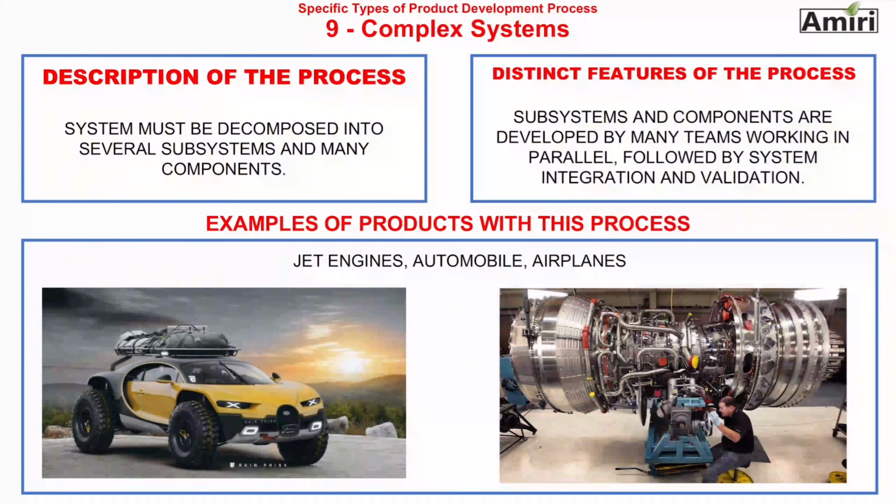A good example of this would be a complex system like jet engines, automobiles, airplanes, aircraft, stuff like that, where a lot of different teams work on the engine, for example, electronics, materials, aerodynamics, before everything comes together and is assembled in final parts.